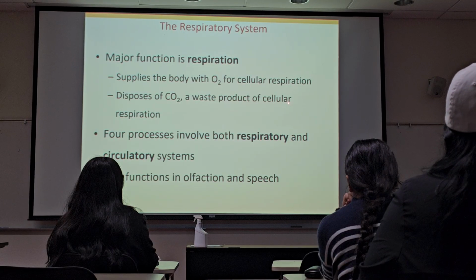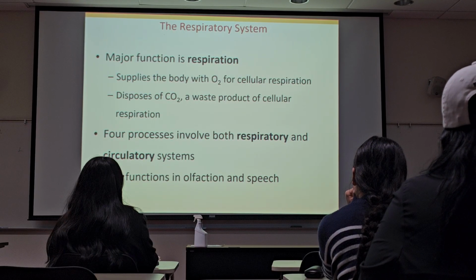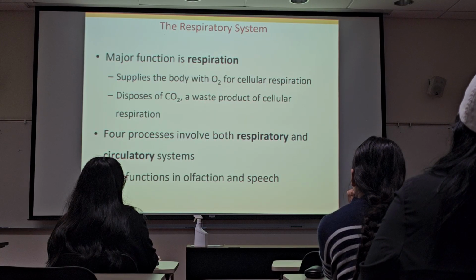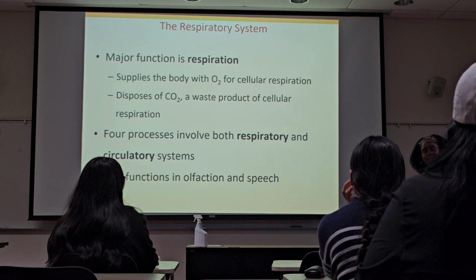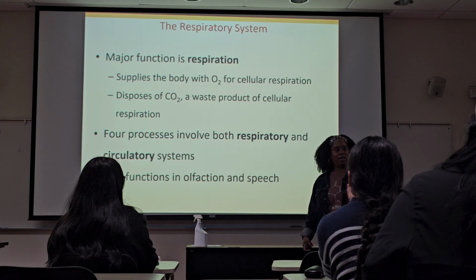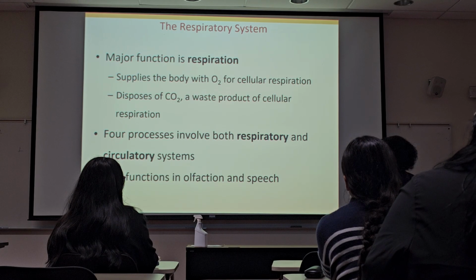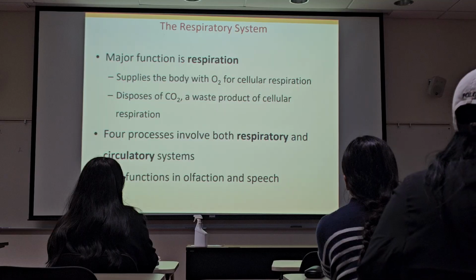So we're delivering oxygen to our body for our cells to use, right? As they're working, as they're metabolizing, as they do cellular respiration, as they take glucose and oxygen and make ATP. That's our energy source, okay? We have to give them oxygen.